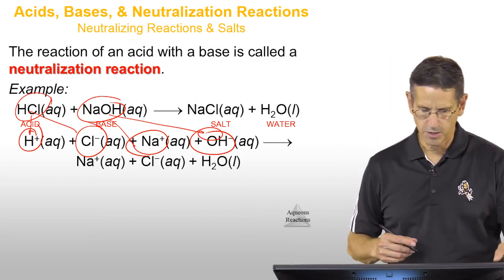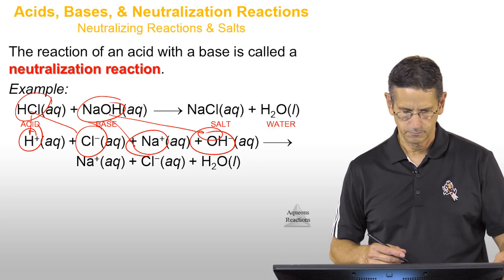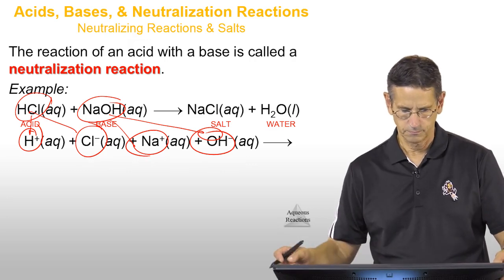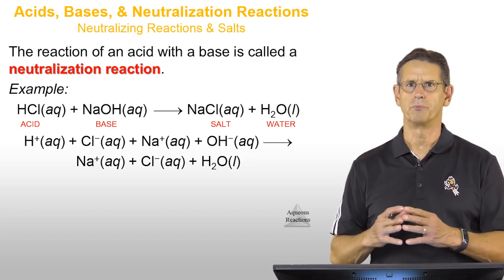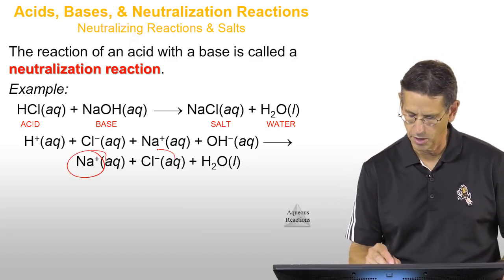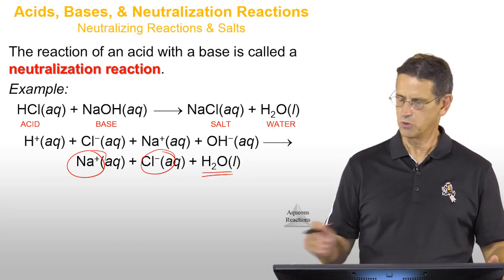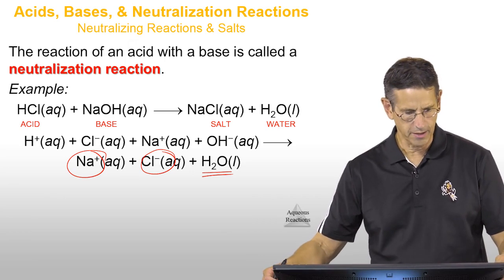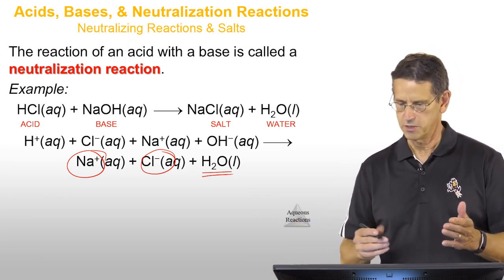On the product side, remember what we do. You break down any ions that are soluble. So we've got the sodium and the chloride still around, plus any unique product, which is water. So what then is the net ionic equation? Remember, all you do is cross out things that are the same on both sides of the arrow.